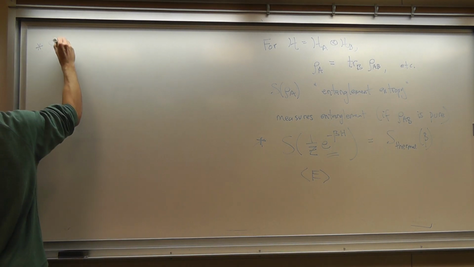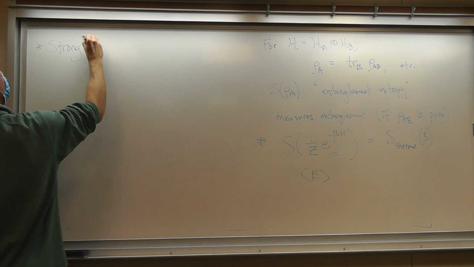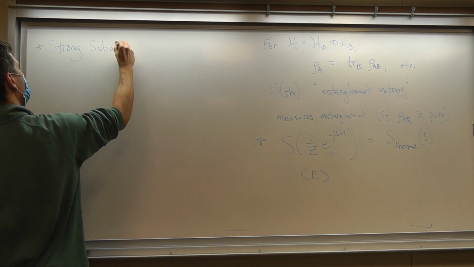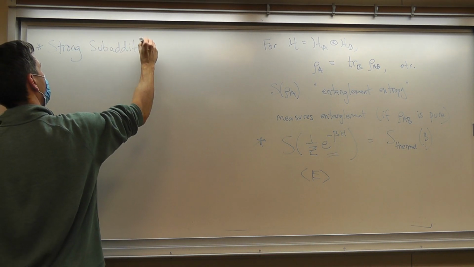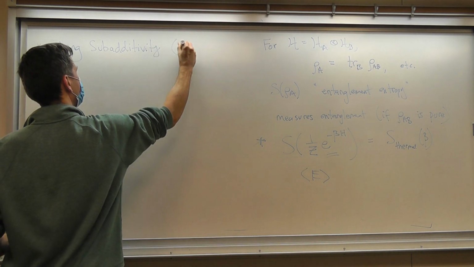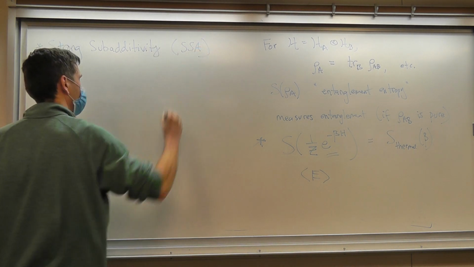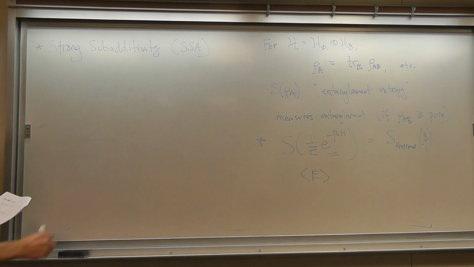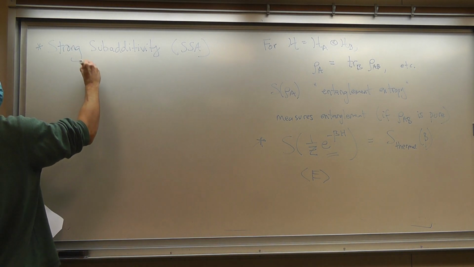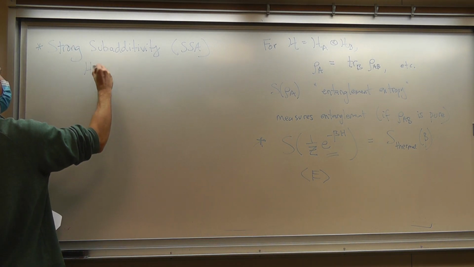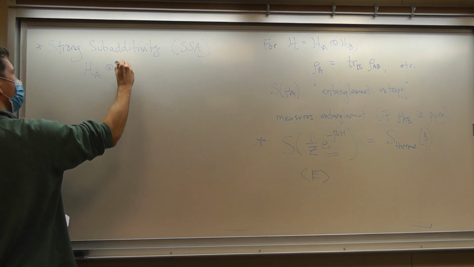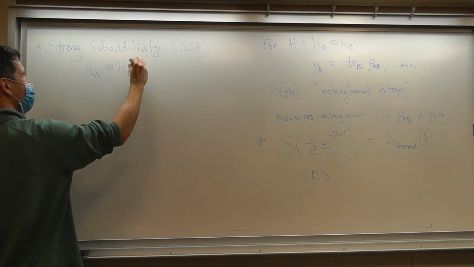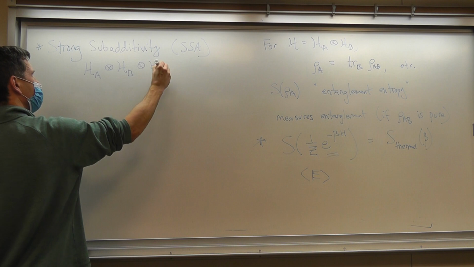Next property, strong subadditivity, affectionately known as SSA. This is when you have three different subsystems, so there's a product H_A times H_B times H_C.